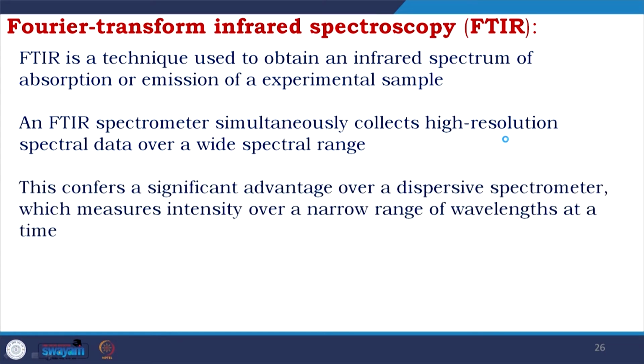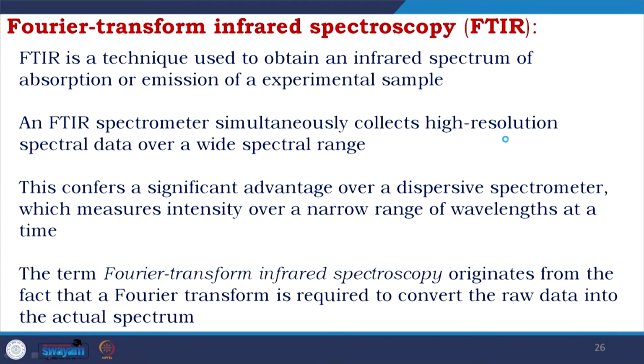This confers a significant advantage over a dispersive spectrometer, which measures intensity over a narrow range of wavelengths at a time. So, the broader or wider spectral range you get, the more generalized detection or generalized application the instrument could do. As we know, the term Fourier transform infrared spectroscopy originates from the fact that Fourier transform is required to convert the raw data into the actual spectrum.